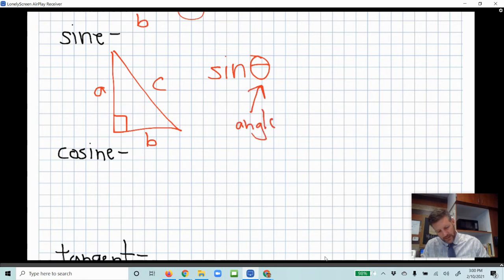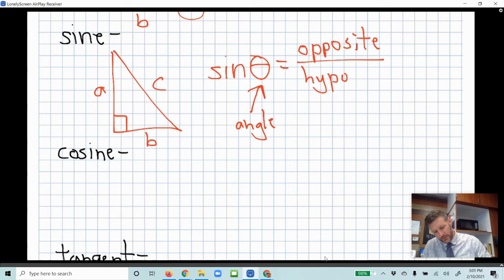So in other words, the sine of a particular angle is equal to the opposite side from that angle over the hypotenuse. So the ratio is the opposite side from the angle divided by the hypotenuse. So for example, let's get our angles here.